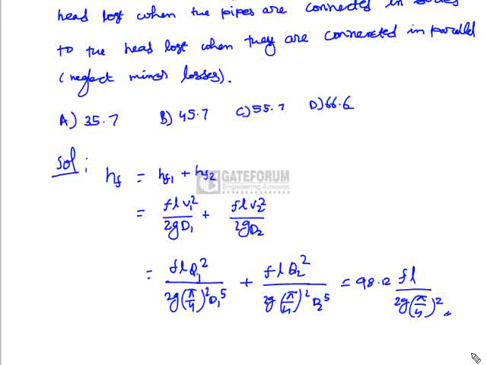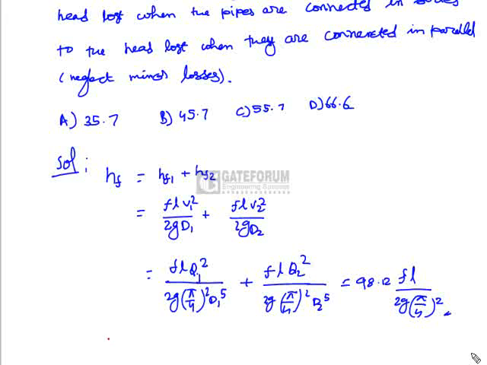Now consider head loss due to the friction when the pipes are connected in parallel. In case the pipes are connected in parallel, let us say Q1 and Q2 be the discharge in the bigger and smaller pipes, so that the total flow is equal to the sum of Q1 and Q2.